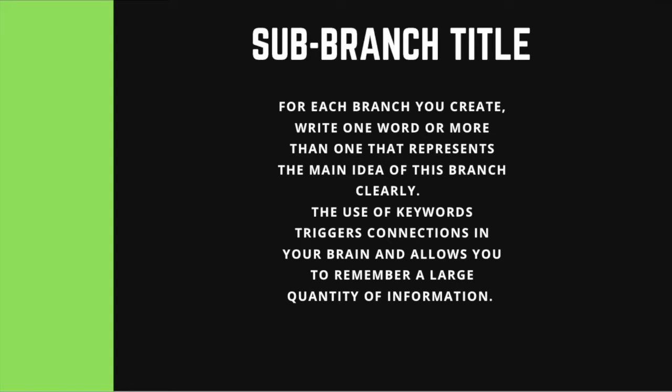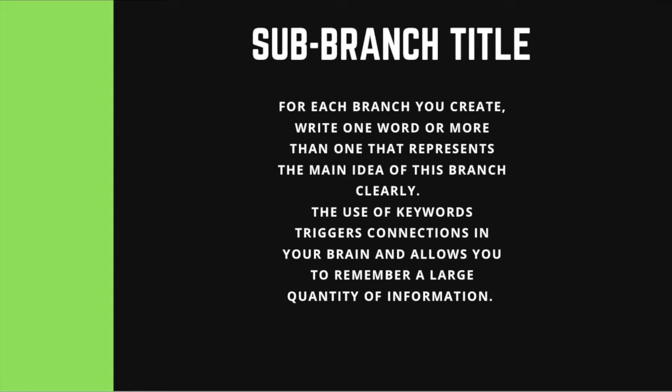But then, all these different branches, they have keywords that are going to give you ideas for sub-branches. So the use of the keywords in the branches, that's what's going to make you explore and brainstorm the sub-branches better and more effectively. And once you do, you add all the different sub-branches to the initial branches that you have.